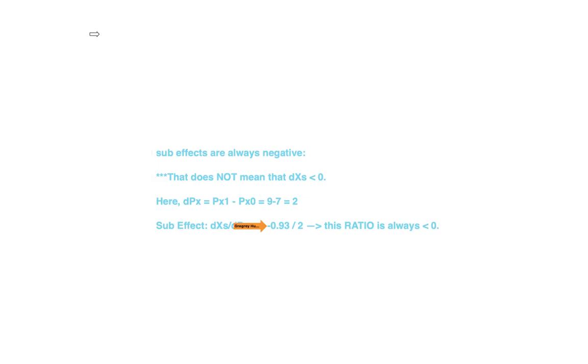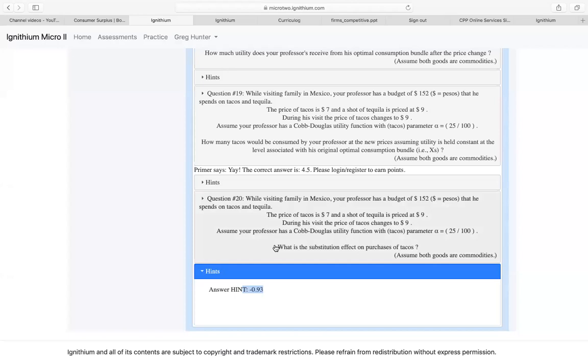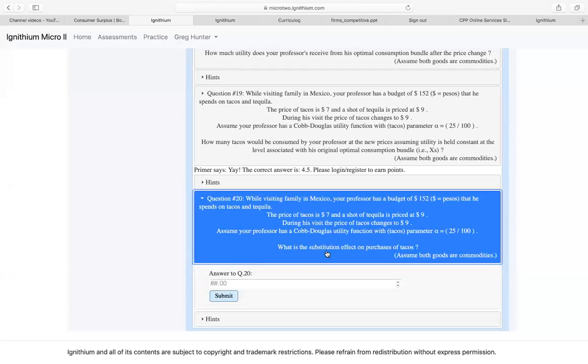And that's why the language in the problem is important, because if you carefully read the question, it says, what is the substitution effect on the purchase of tacos? So it's not asking you to actually calculate the substitution effect.